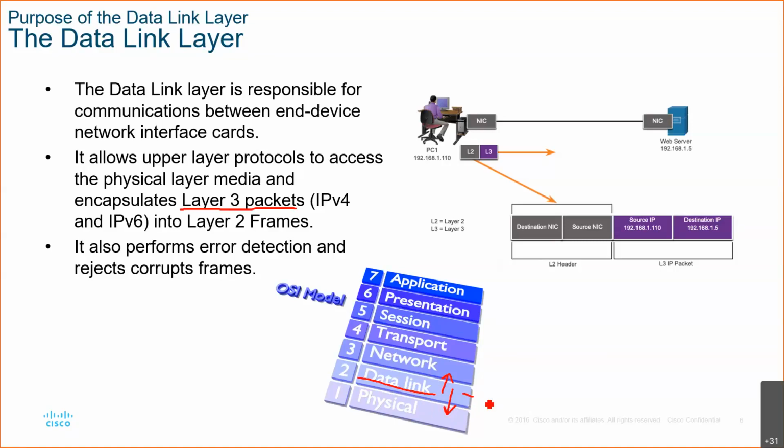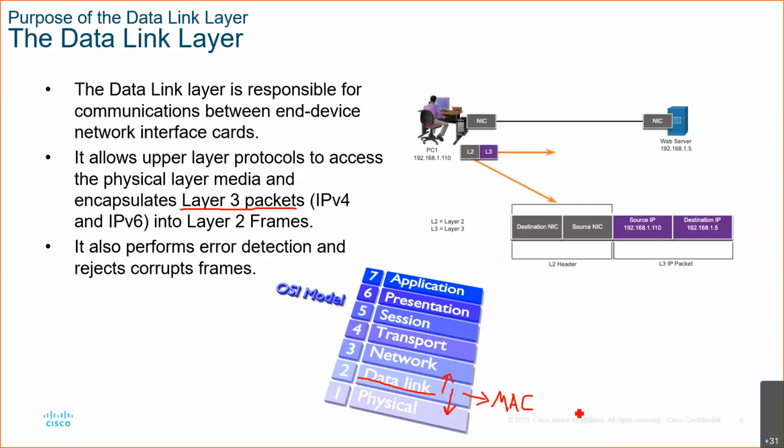Primarily in your data link layer, we are interested in the NIC's MAC address. This is the hardware hard-coded hexadecimal address that is coded inside your machine, any device that is joining the network.